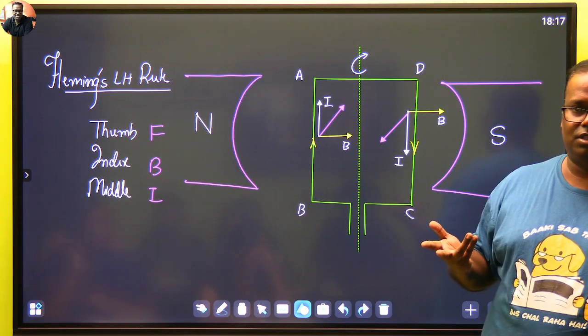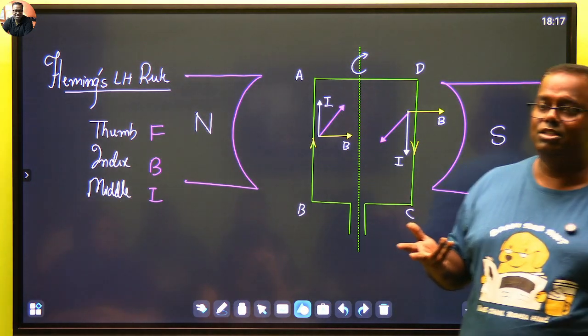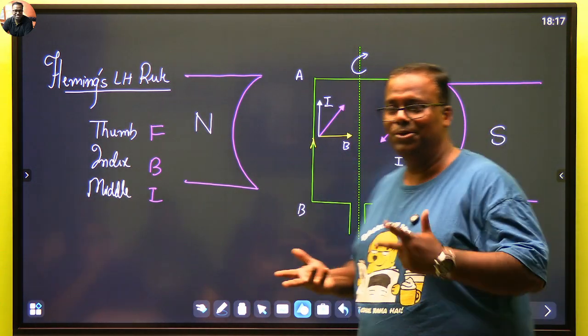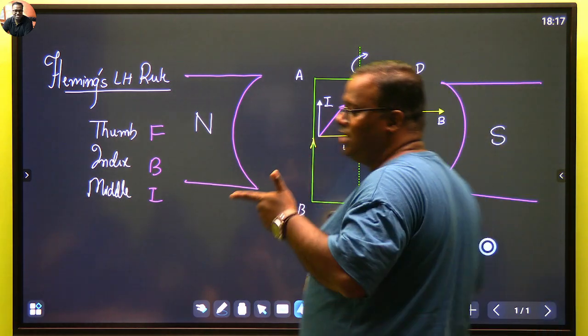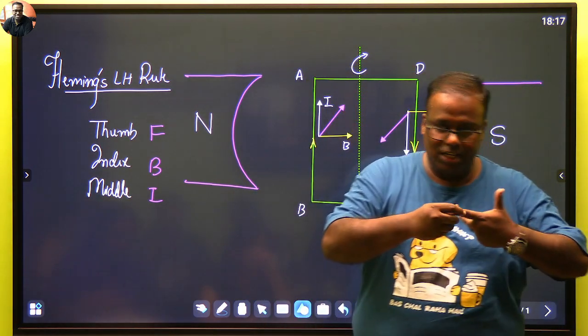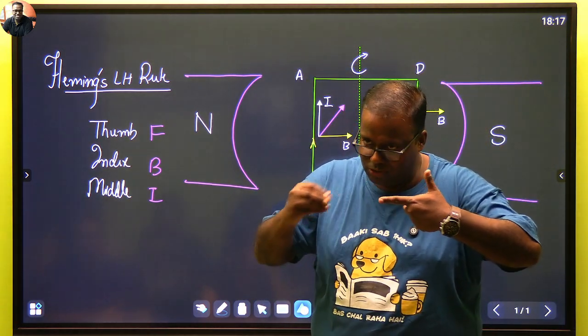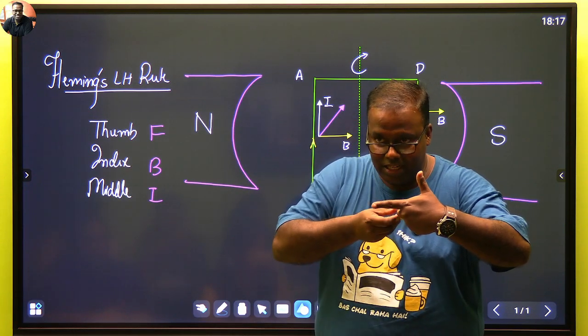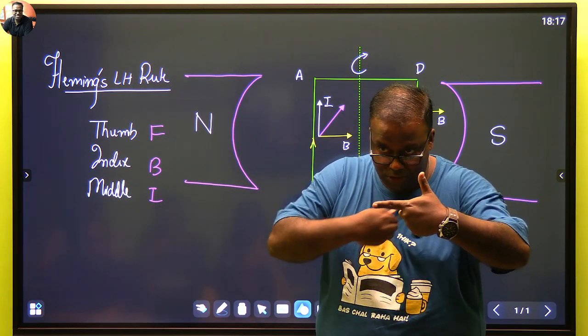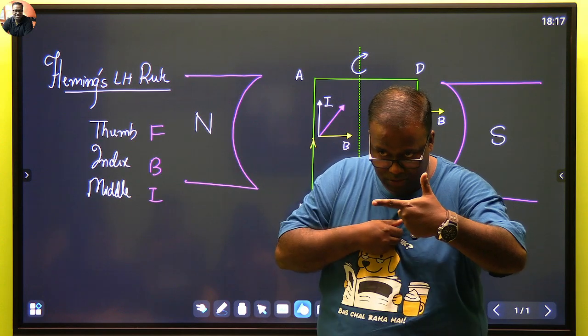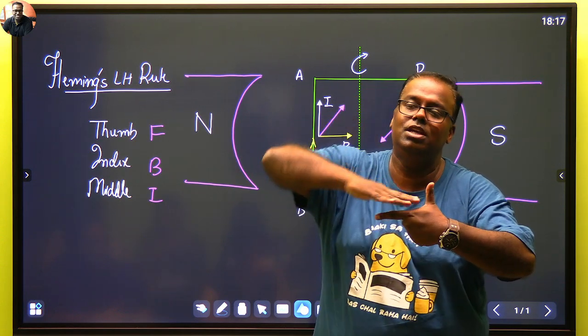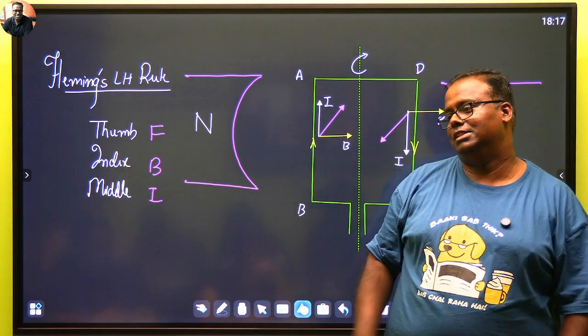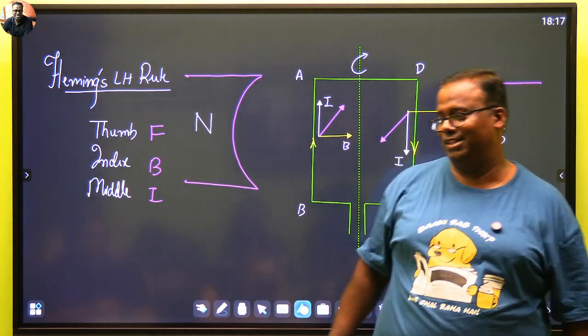As simple as that. Is it coming? Don't force it, try and see. In your case, it will be like this. Your magnetic field is the same from Gujarat to Nagaland, and the middle finger will be towards you because the current is coming to Tamil Nadu. So the force is on the skyward side. Have you understood? Yeah.